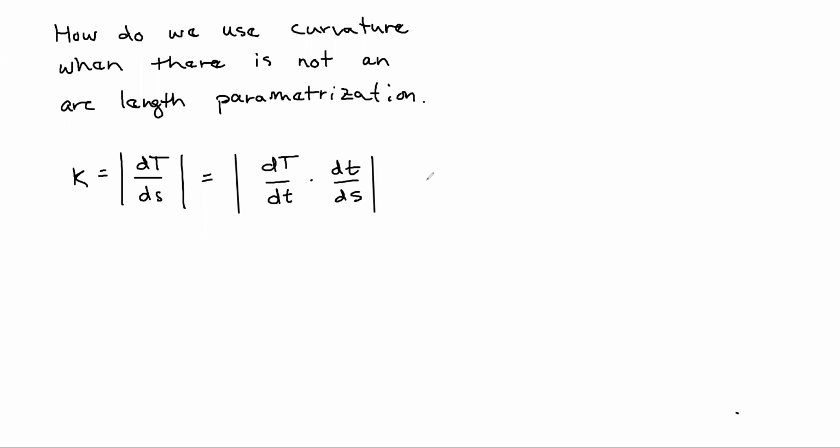Once you've done that, we can rewrite this into the following format. This is dT/dt divided by ds/dt. I have just manipulated it to turn it from multiplication into division.